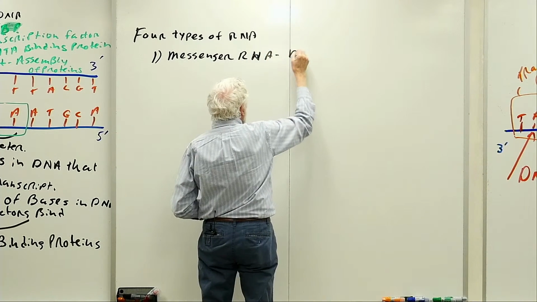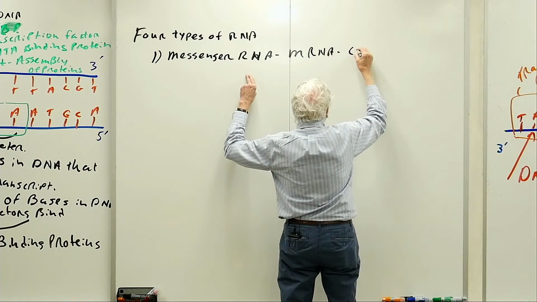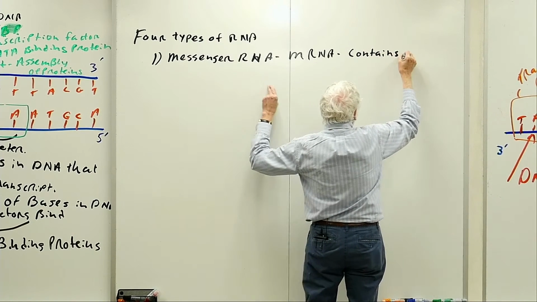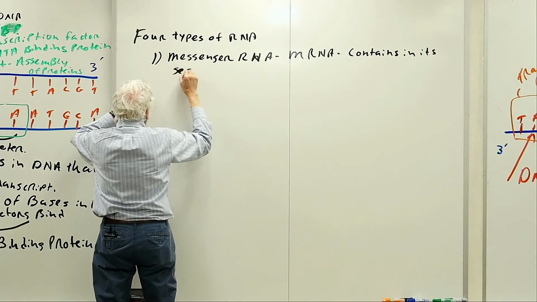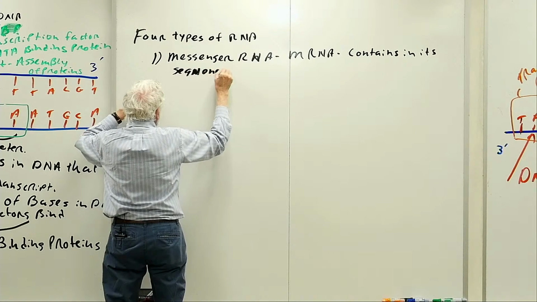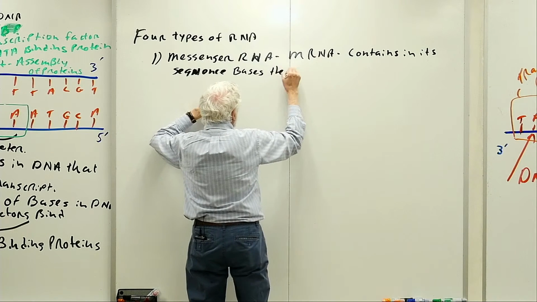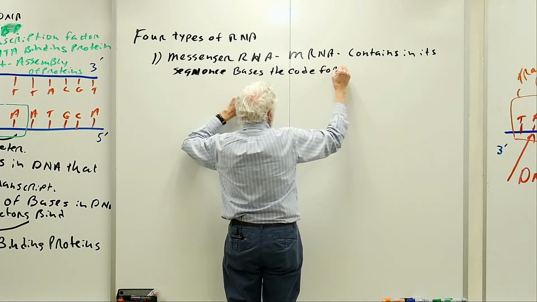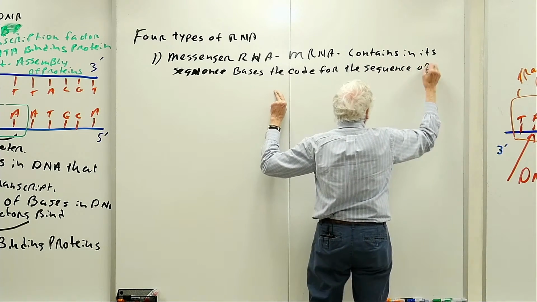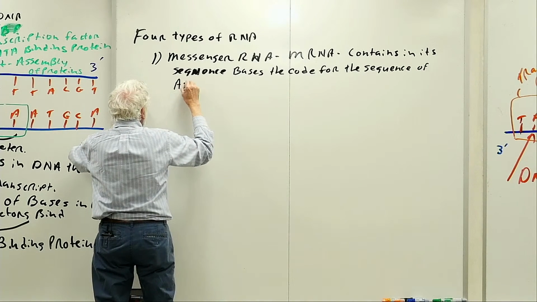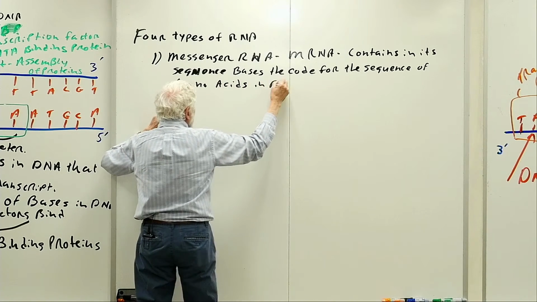Messenger RNA contains within its sequence of bases the code for the sequence of amino acids in protein.